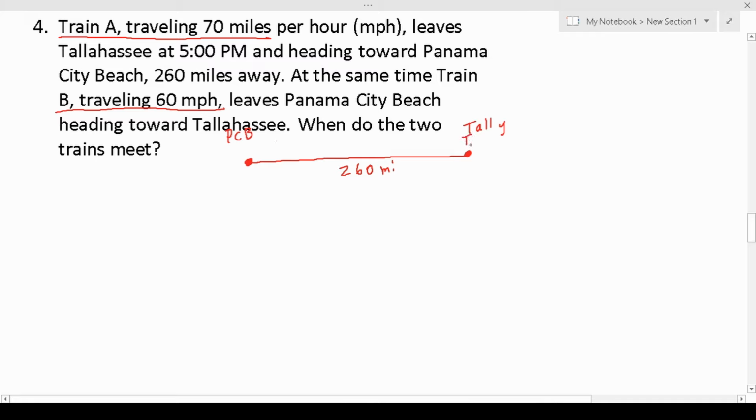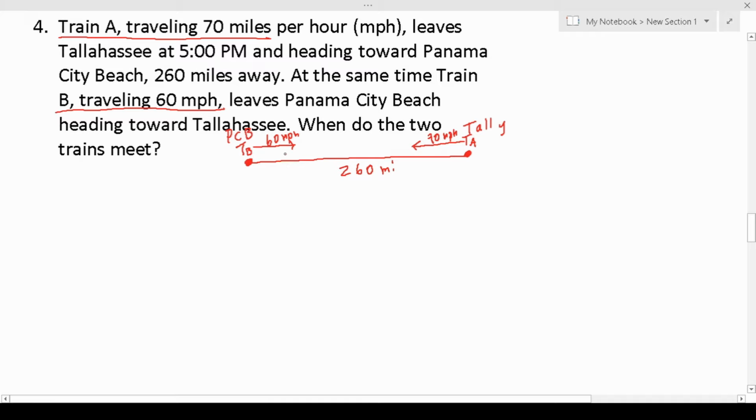So if this is train A, we know it's going this direction at 70 miles per hour. And likewise, we know that train B is in Panama City Beach going towards Tallahassee, albeit at 60 miles per hour. The question is, at what time will they meet?